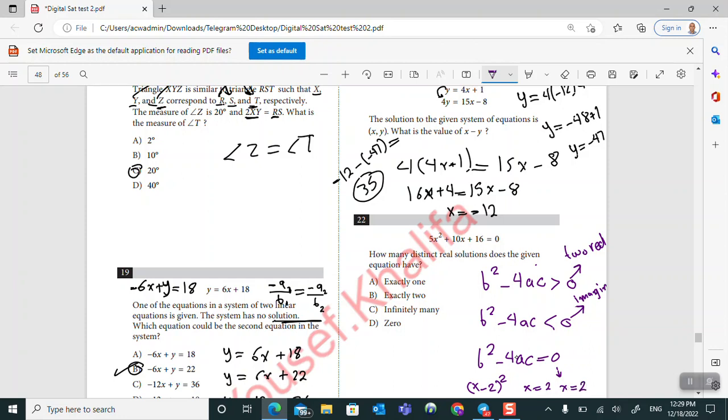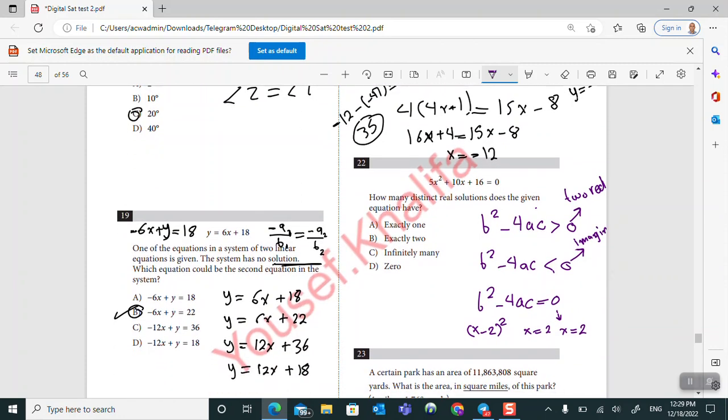So let's test the given equation and see for which condition it will be satisfied. So 10 squared, that's b squared, minus 4 times 5 times 16.